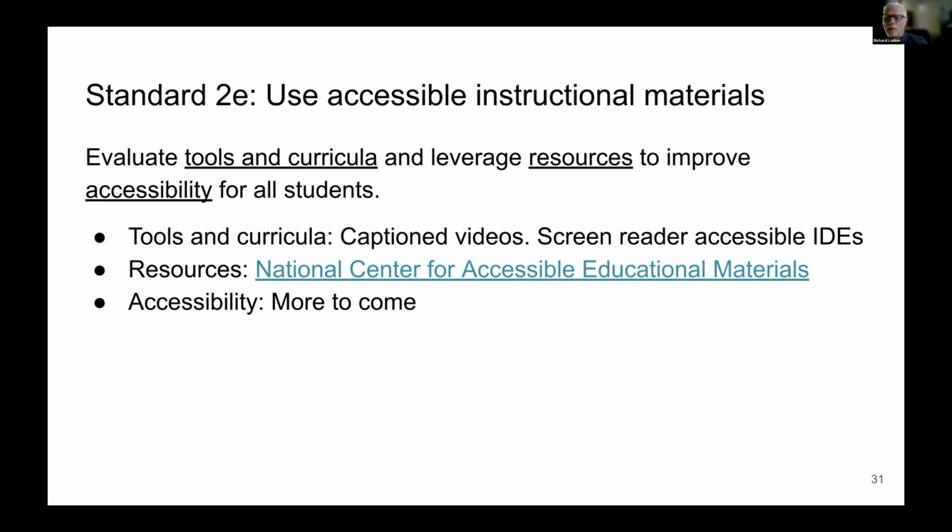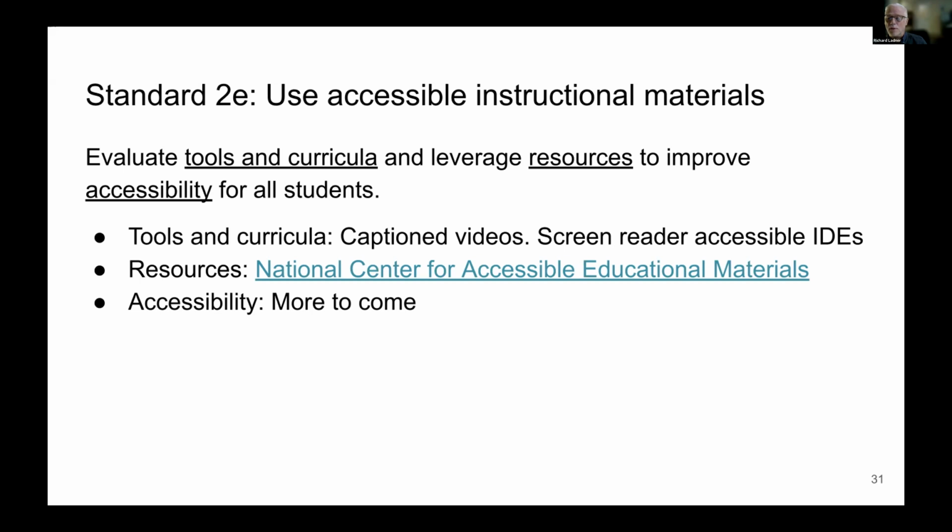Use accessible instructional materials. It says evaluate the tools and curricula and leverage resources to improve accessibility for all students. Some of the tools and curricula that are around are captioned videos and screen readers, accessible IDEs that screen readers can actually use.